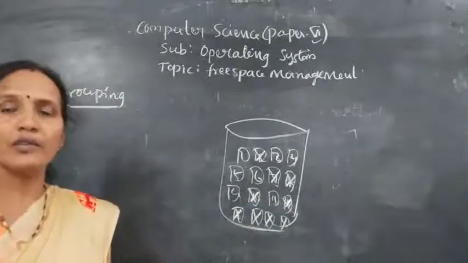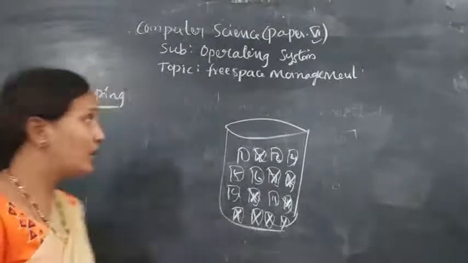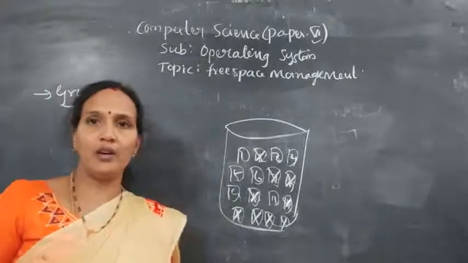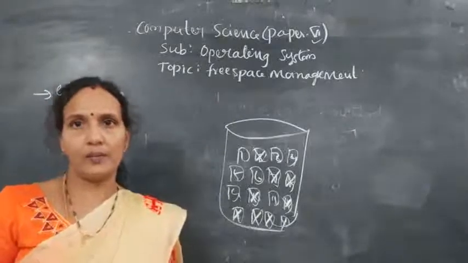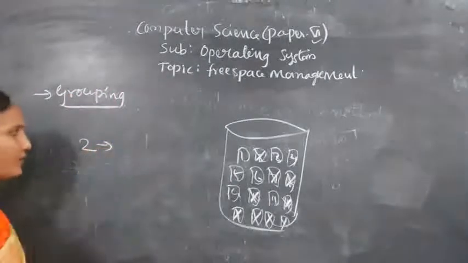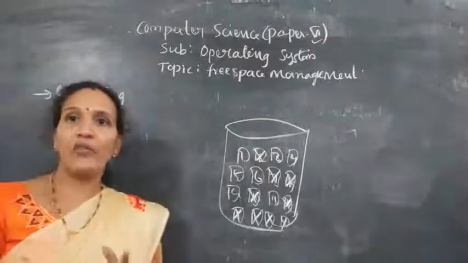Okay, so when you come to the grouping method, the first block maintains the information of n free blocks. Here, what is the first block? 2. It maintains, for example with a limit of 5, the information of 5 free blocks.